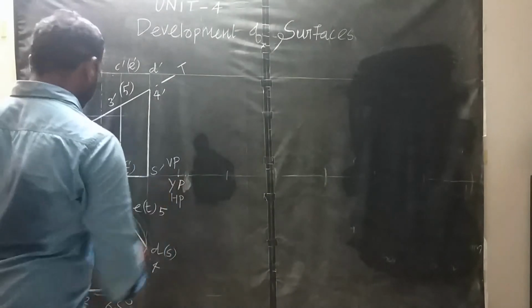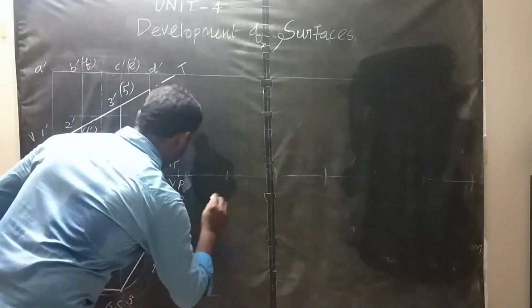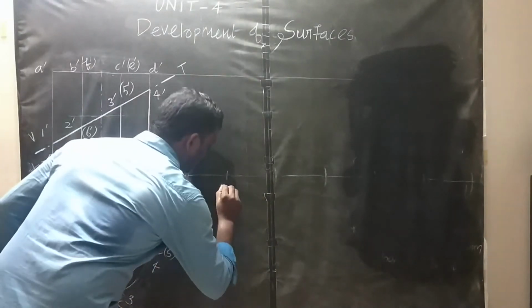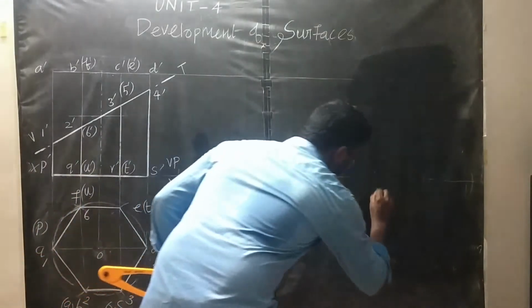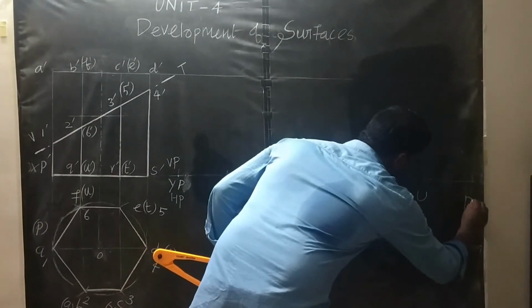Now this point is P. The bottom is P, Q, R, S, T, U, again P.